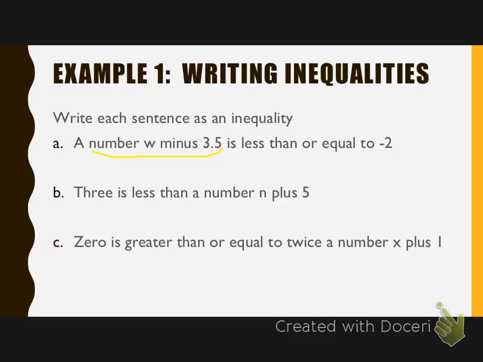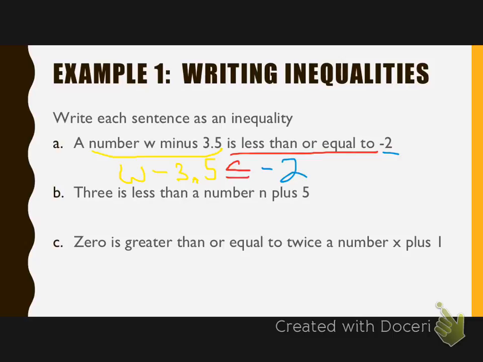Well, I can write that: W minus 3.5 is less than or equal to, then you've got negative 2. So you just write it out exactly as it says. W minus 3.5 is less than or equal to negative 2.